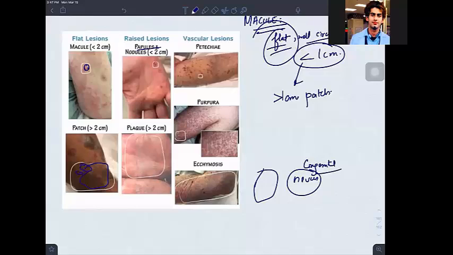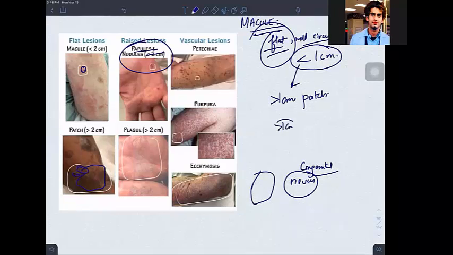What is a papule? So patch is greater than 1 centimeter. Less than 1 centimeter is macule. Okay. Now papule.